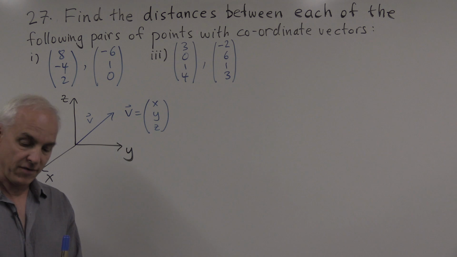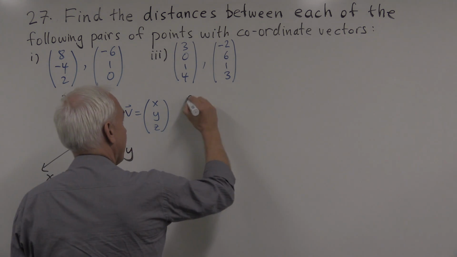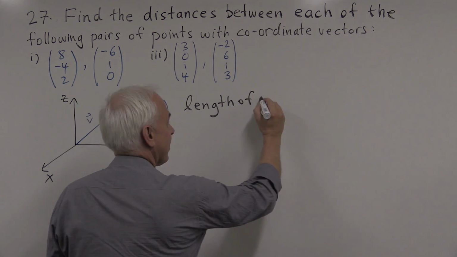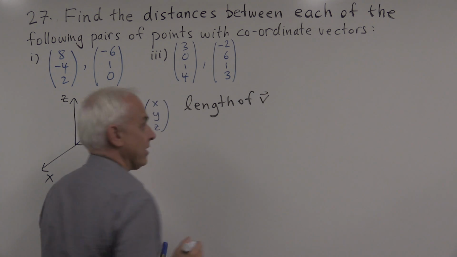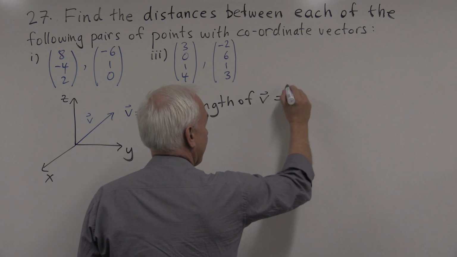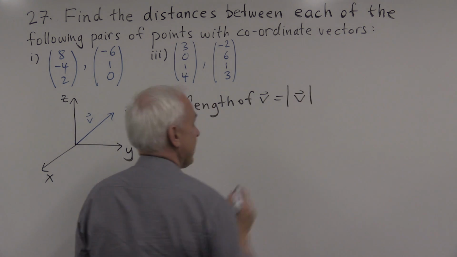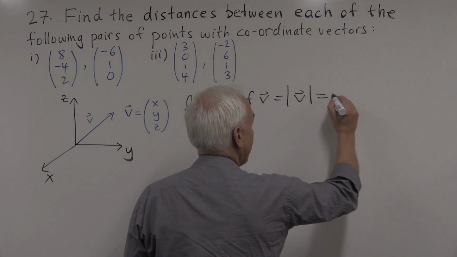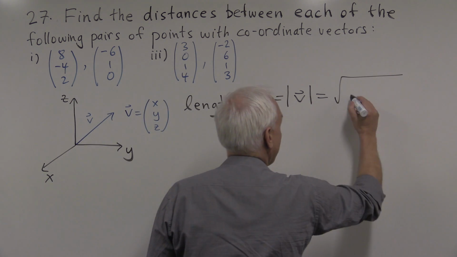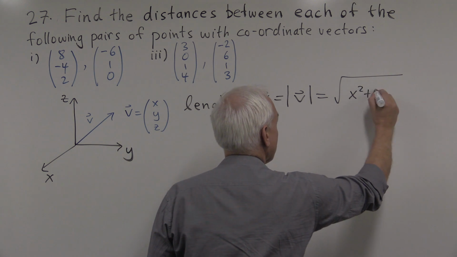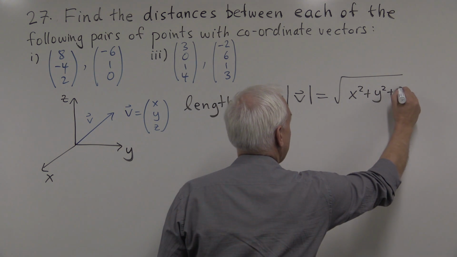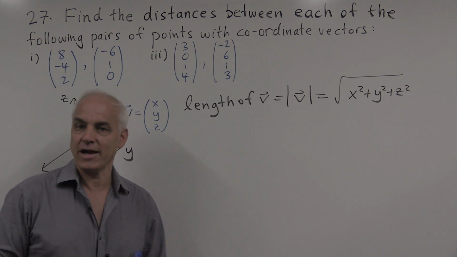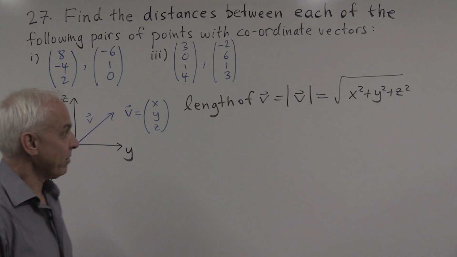Then the length of that vector is, first of all, denoted by absolute value bars, and it's given explicitly in terms of the square root of the sum of the squares of the entries of the vector. So square root of x squared plus y squared plus z squared.